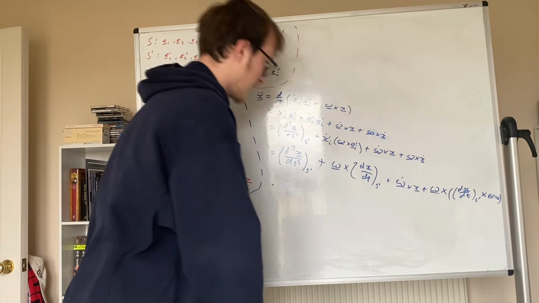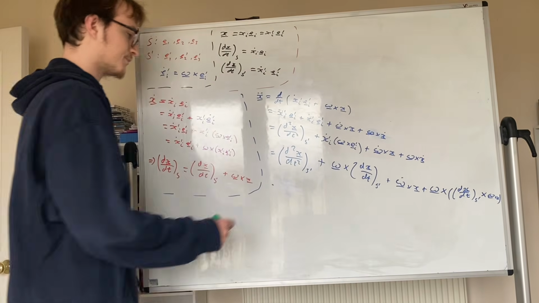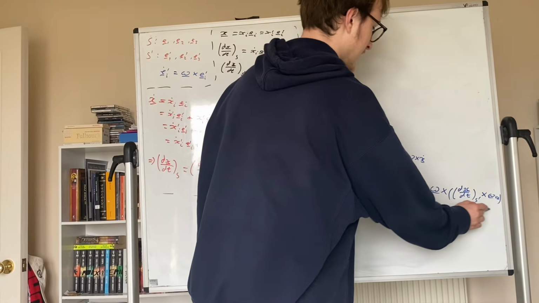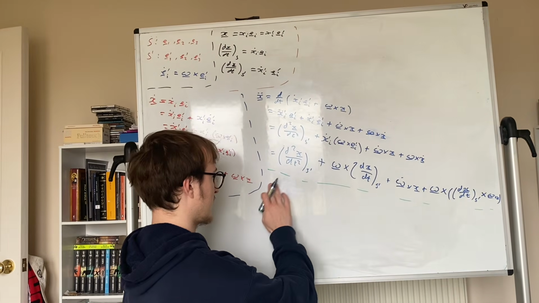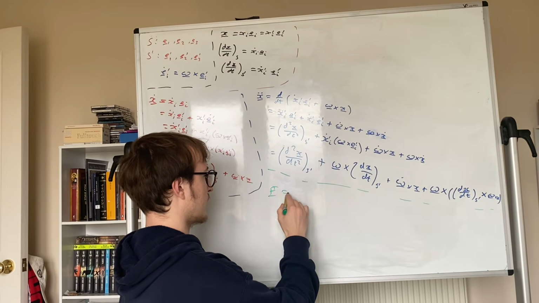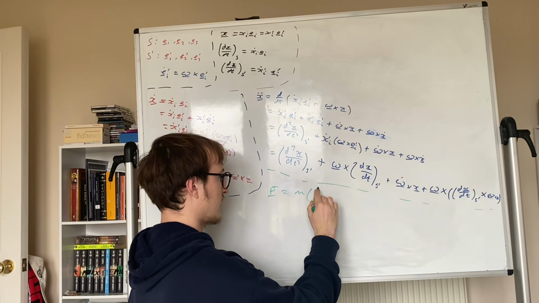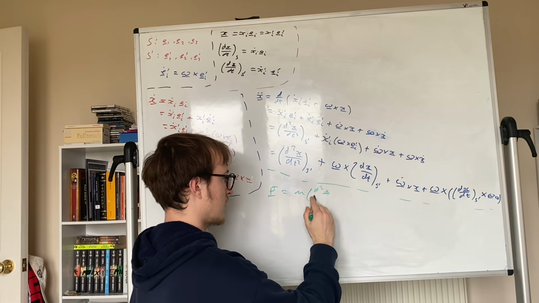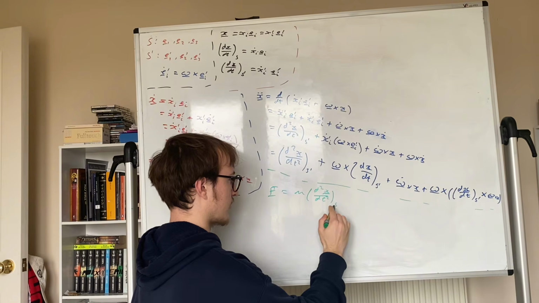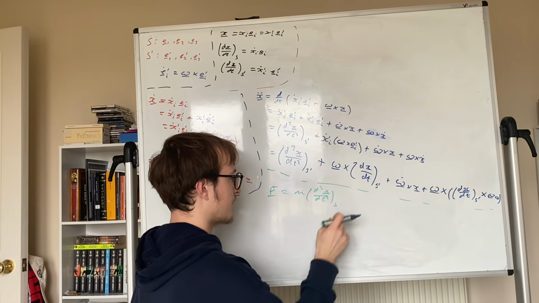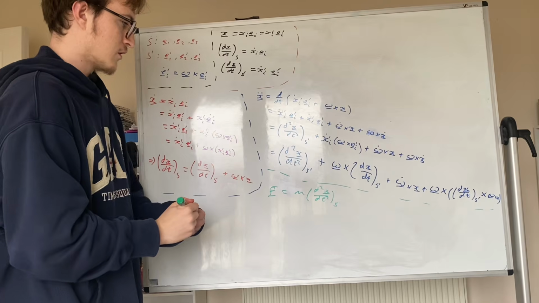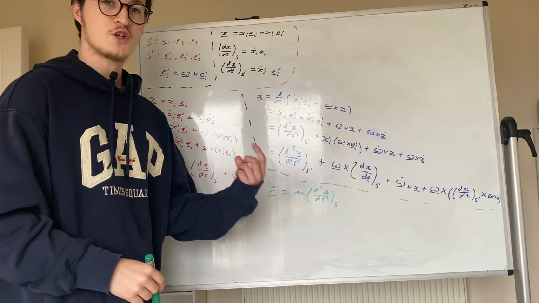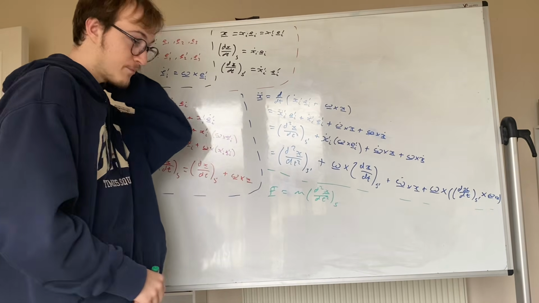Now, okay, what's the punchline? Well, in the inertial frame, if we have some force, it is just given by m times the second derivative of x with respect to t in S. But now, what does the motion actually look like in the rotating frame?